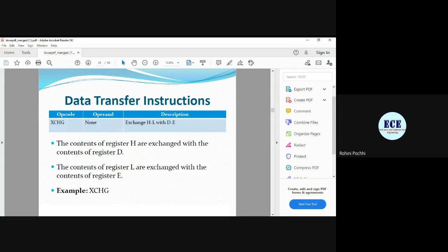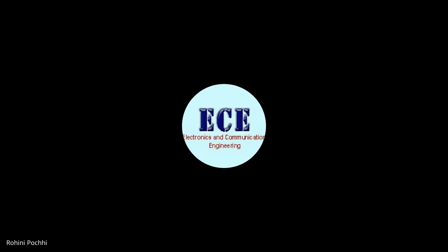Now the next instruction is XCHG. The exchange instruction does not require any type of operand. Exchange HL with DE means the data present in the HL pair is exchanged with the DE data.